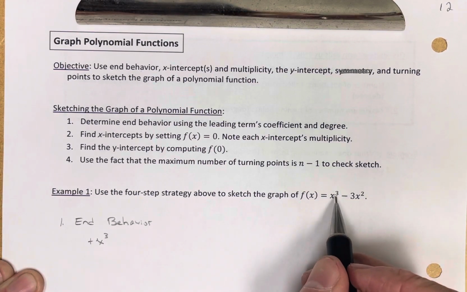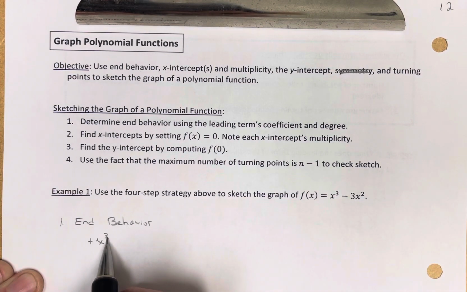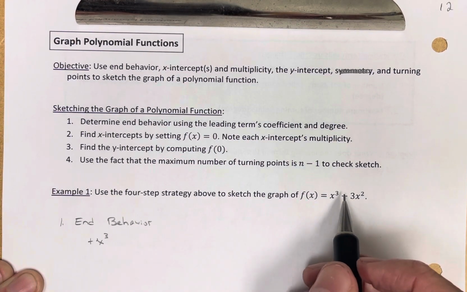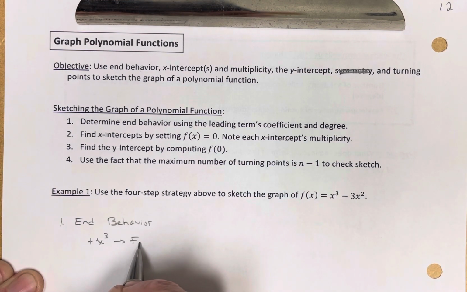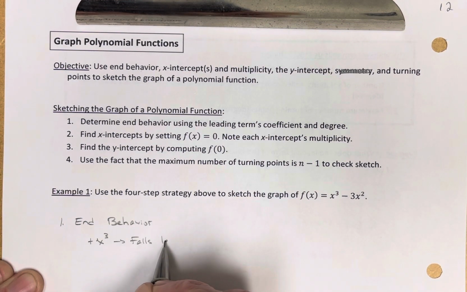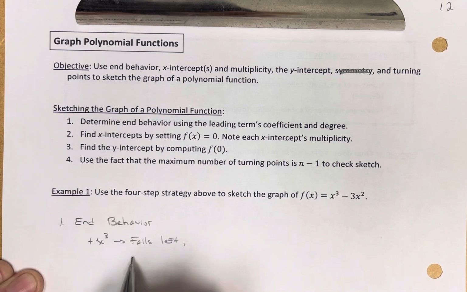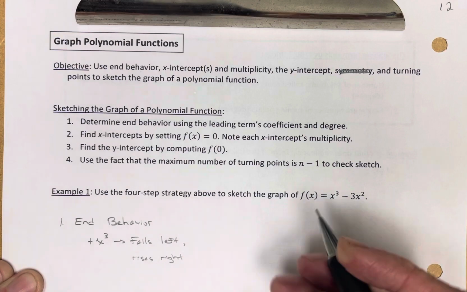This tells us that the ends are opposite. It's an odd degree, so we have opposite end behavior. It's positive, so it falls left and it rises right.